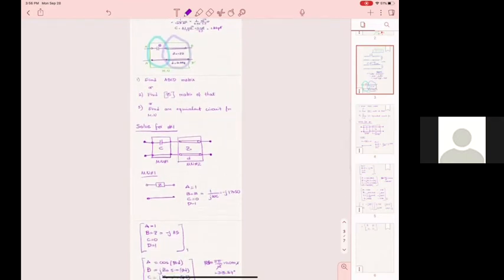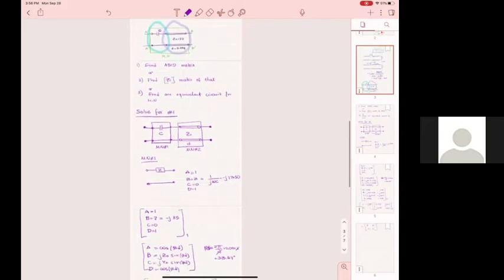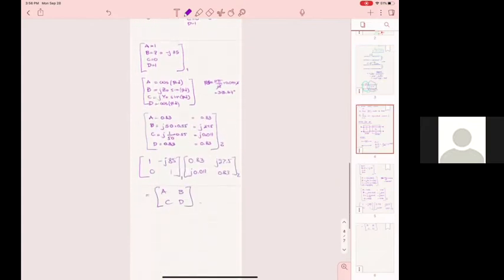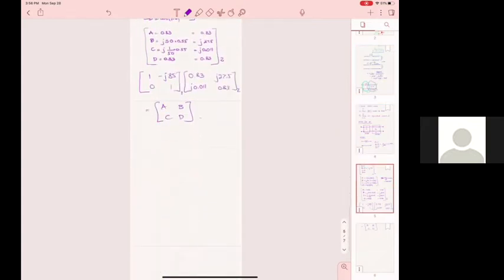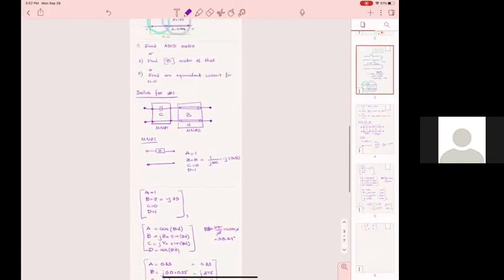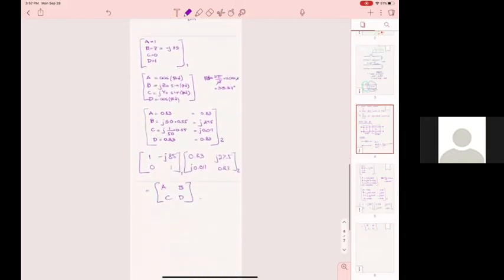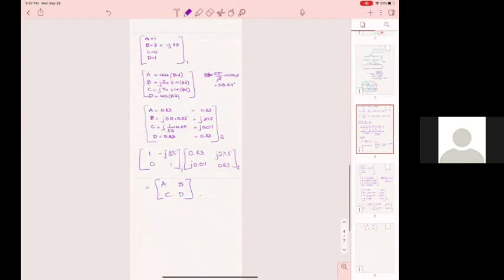If I want you to find the Z matrix of that, practically you will have to find the ABCD and then change it to the Z matrix. That's what I would do. I would find the ABCD and then from there find the Z matrix.